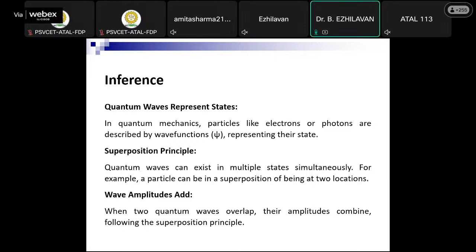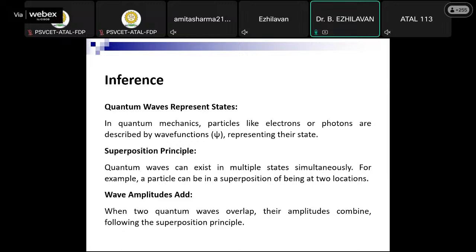Similarly, quantum waves represent states. If electrons and protons at the subatomic level are moving, they move in waveforms. It has multiple states simultaneously. A particle can be in a superposition of being in two locations; from one place to another place, it will have multiple states.